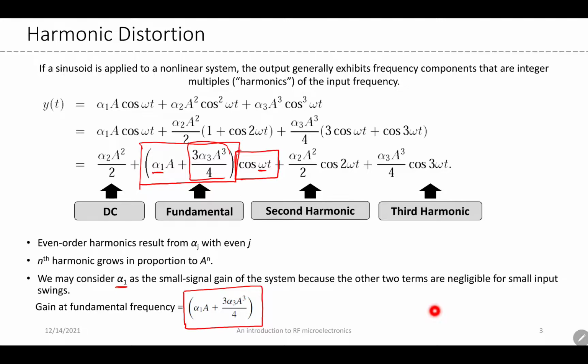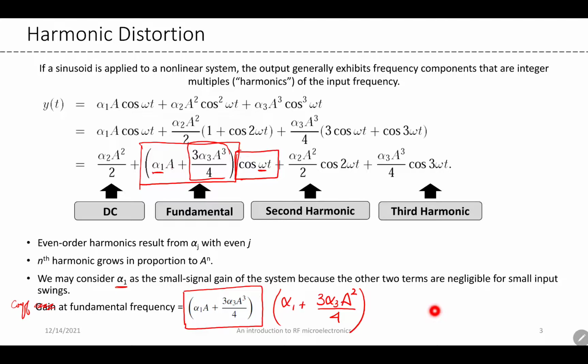The gain boils down to alpha 1. Now, okay, this is actually wrong. So this is not the gain at fundamental frequency, this is the coefficient. The gain would be alpha 1 plus 3 alpha 3 a squared by 4. Right?